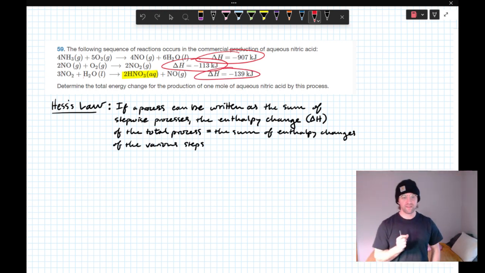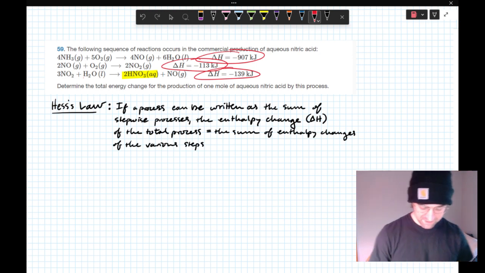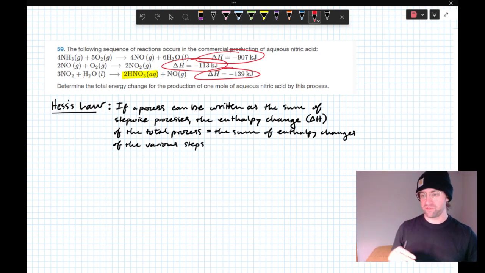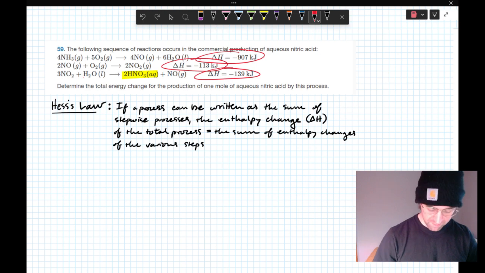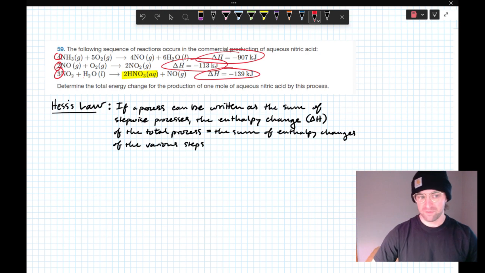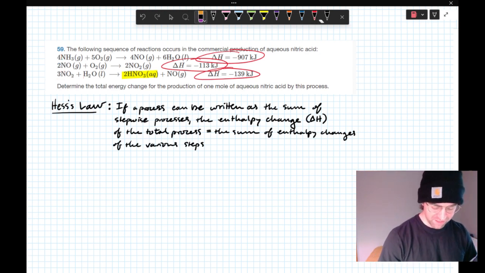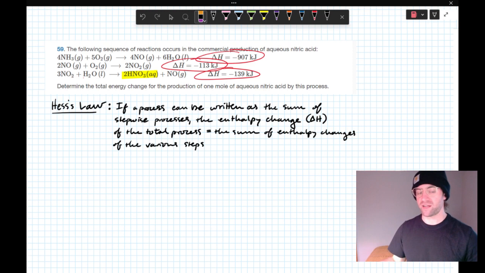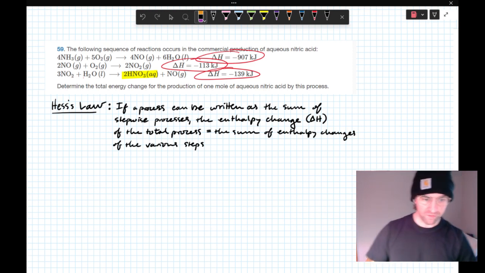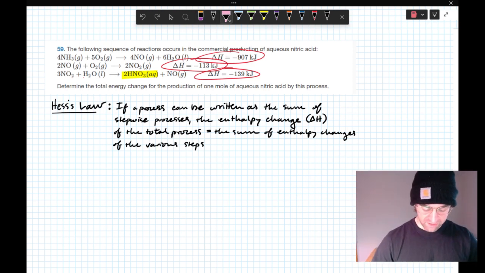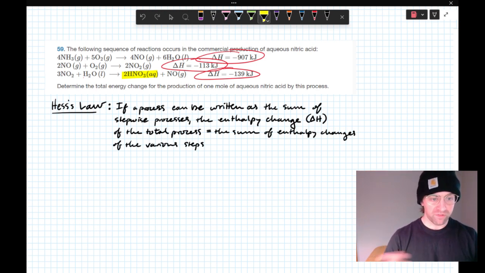It is not enough to simply sum all of those values and hope for the best, because we have a lot of different molar quantities of each of these reactants involved in these processes, so we need to get them all equivalent first. The first thing that I like to do is highlight similar species and cancel out the ones that we can. Those that appear on both the right and the left, we don't have to worry about as much.